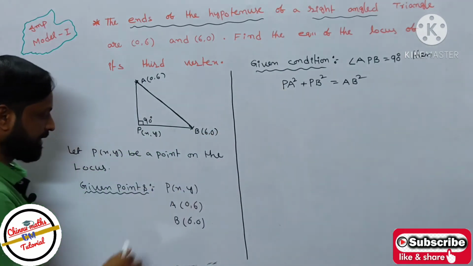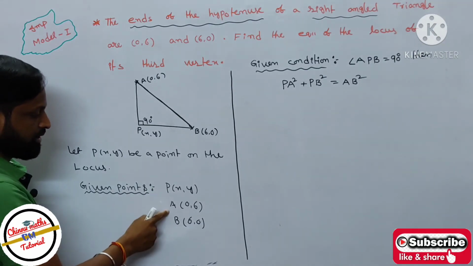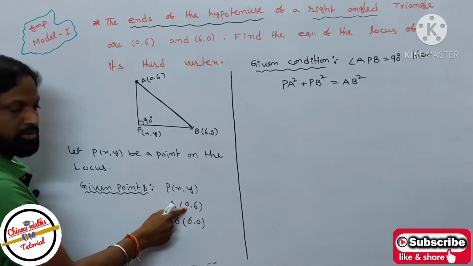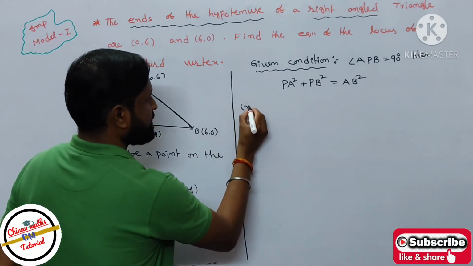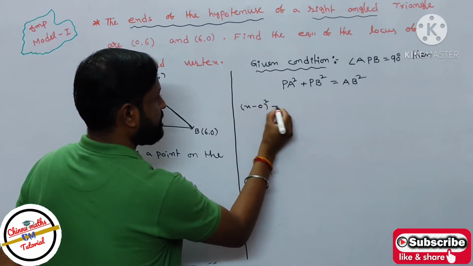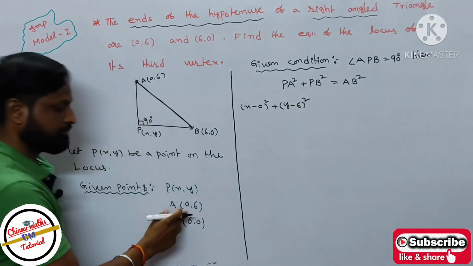PA square means take the point P and point A and write the PA square value. PA square equals (x minus 0) whole square plus (y minus 6) whole square.